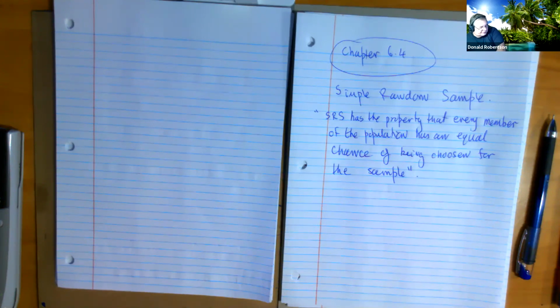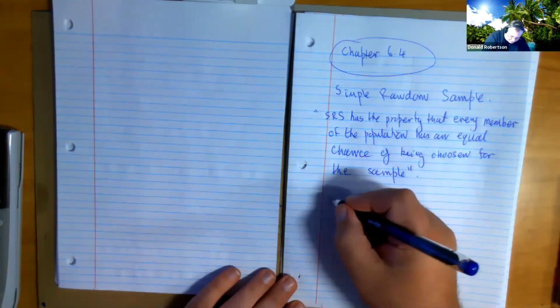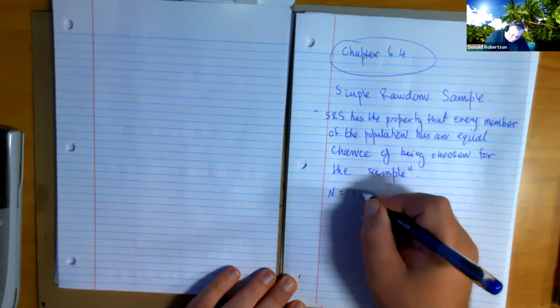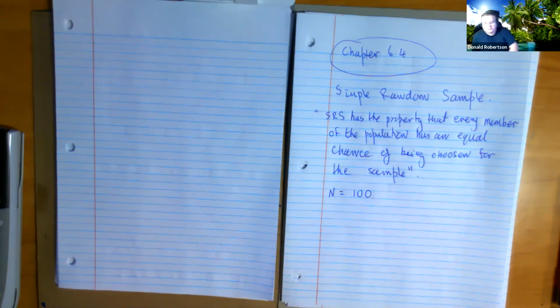Imagine you were trying to find the average age of people who lived in Bremerton. Now, what you might do is a sample of 100 people. And we typically use n to represent the number of people you use in a sample. And let's assume that it's a simple random sample.